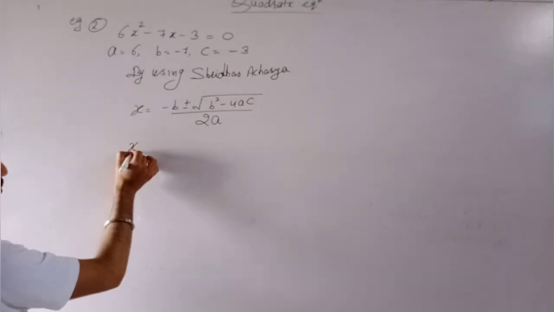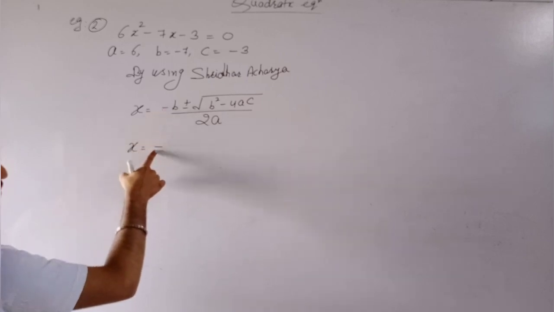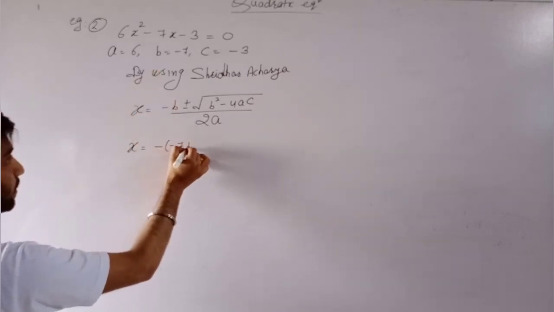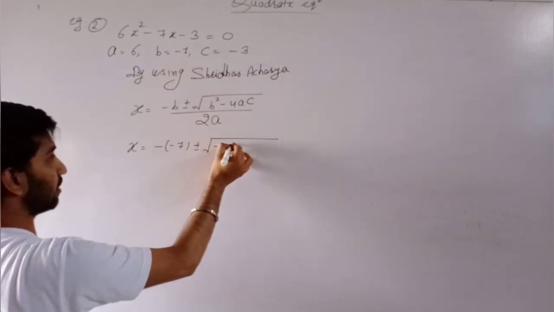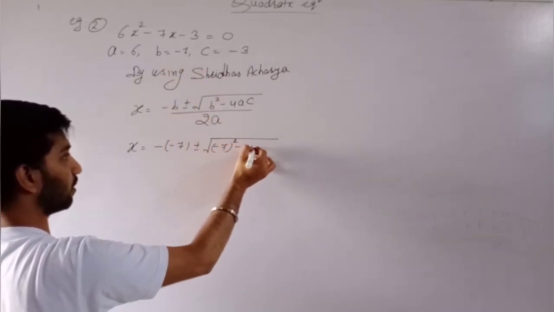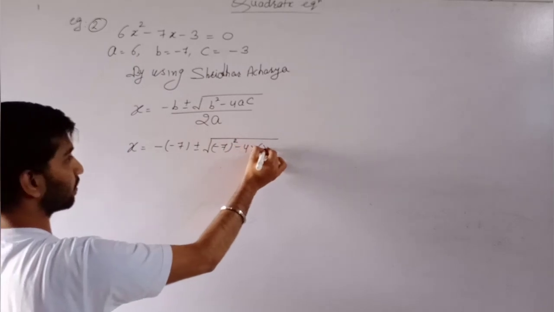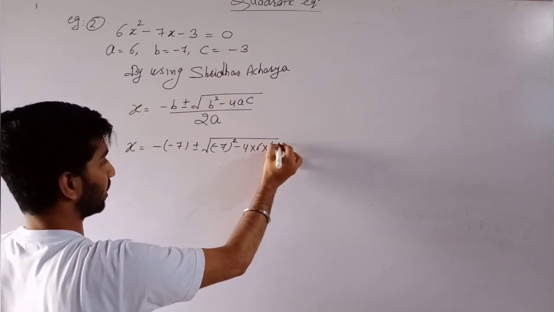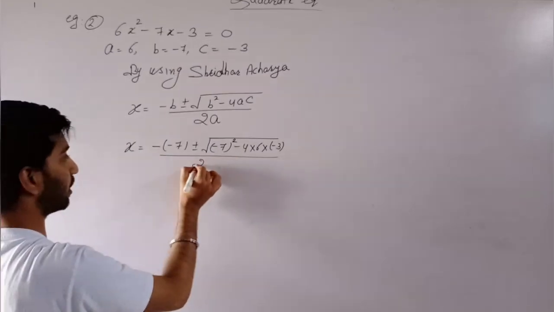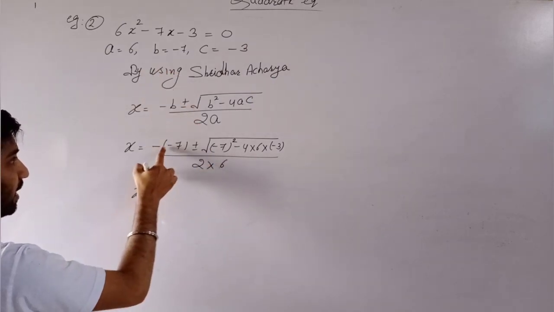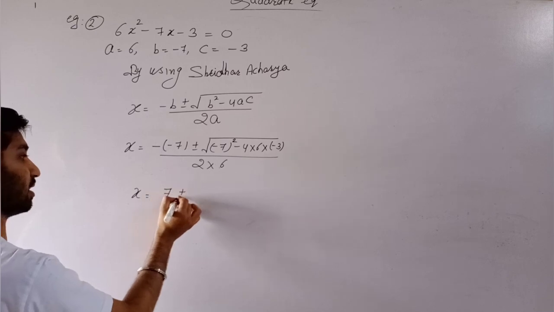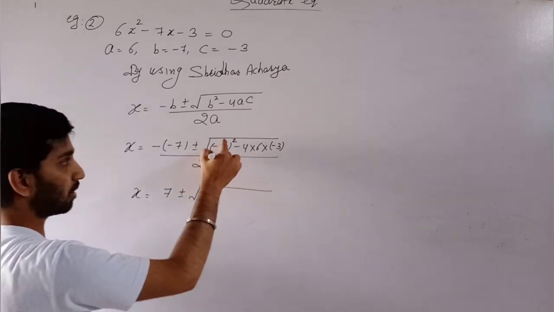By putting the values we get x is equal to minus b, which is minus 7, plus minus root of b, which is minus 7 squared, minus 4 multiplied by a, which is 6, multiplied by c, which is minus 3, divided by 2 multiplied by the value of a, which is 6.